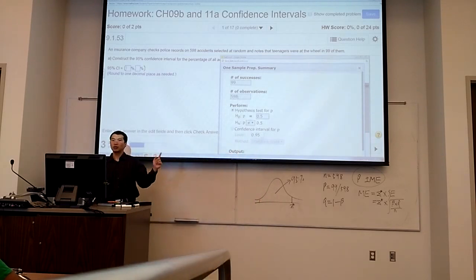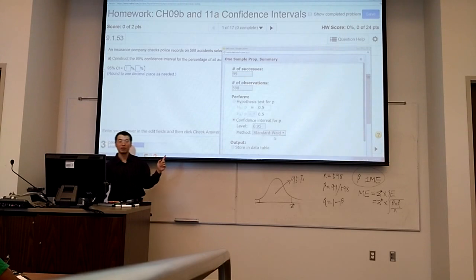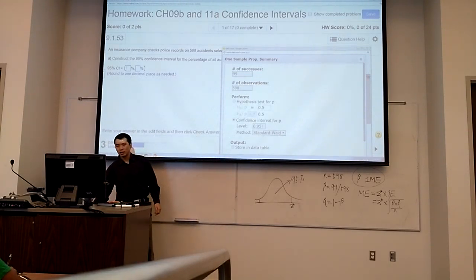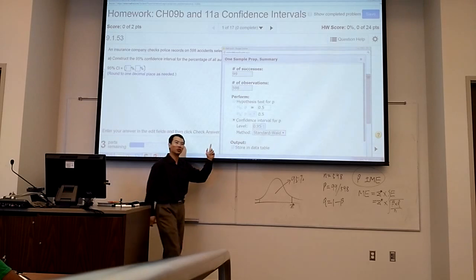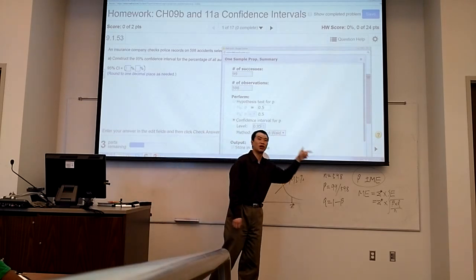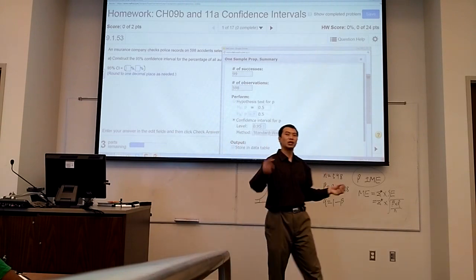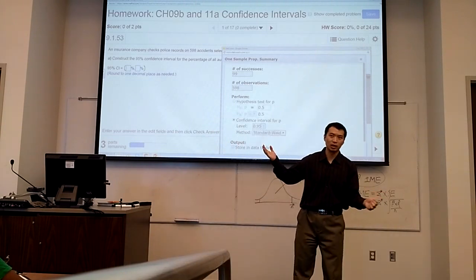The next thing we need to do is to select this confidence interval. You don't have to worry about the method. We just use the default method. Another thing you may need to redefine is the confidence level. Here we just happen to have 95%, but sometimes you may need to calculate 90%, 98%, and so forth.